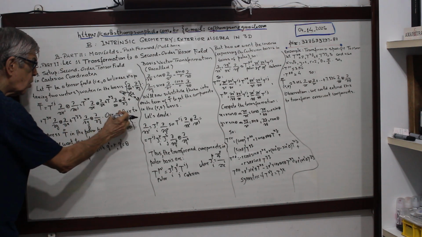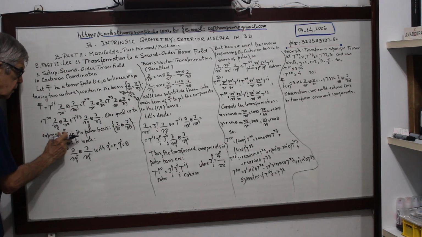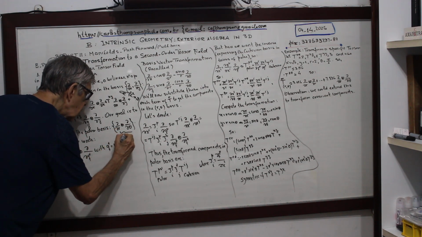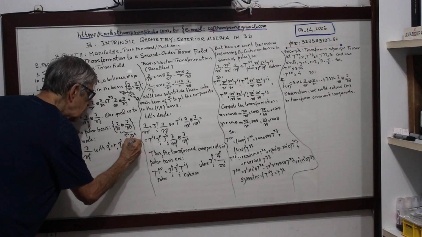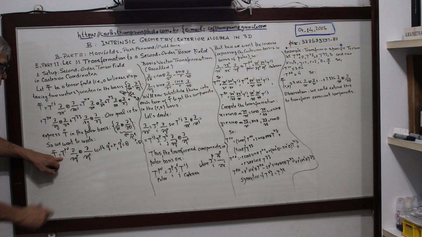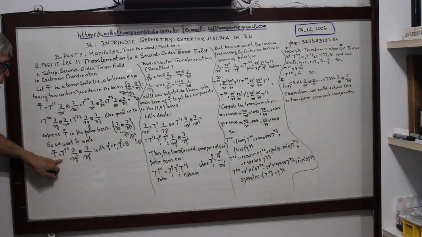Our goal is to express this invariant tensor in the polar basis, which belongs to R2, r theta. So you want to write the second order tensor, which is invariant, in terms of r and theta, the polar coordinates.